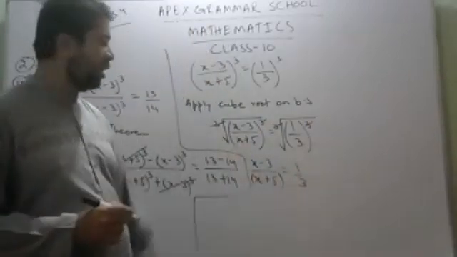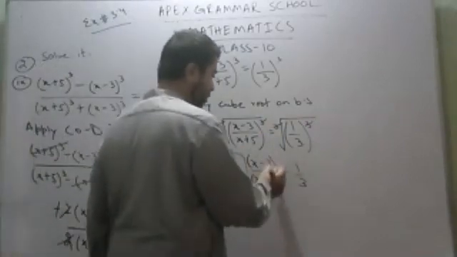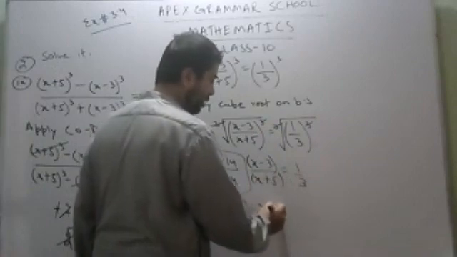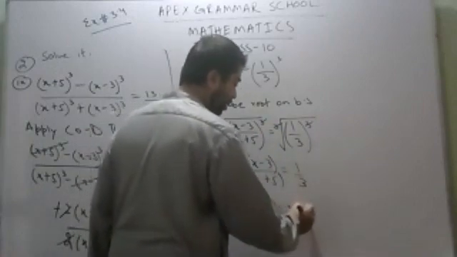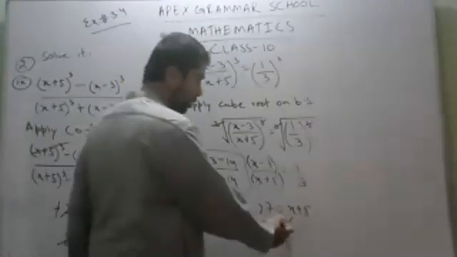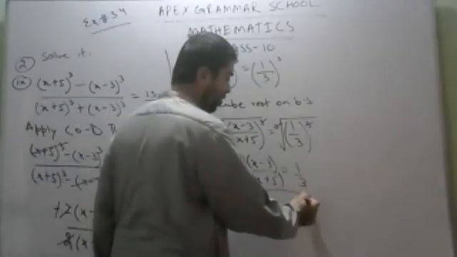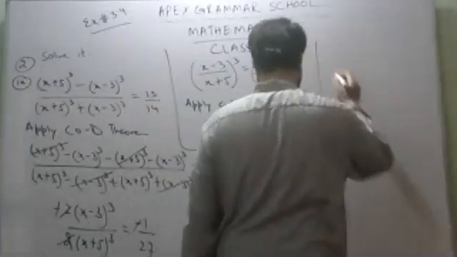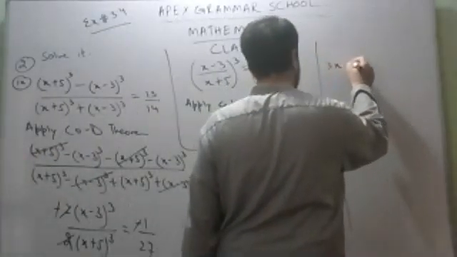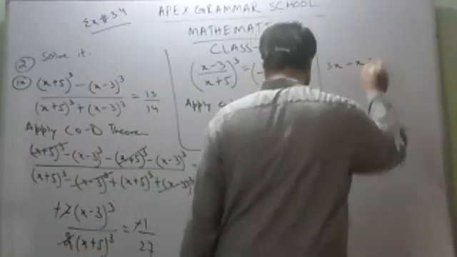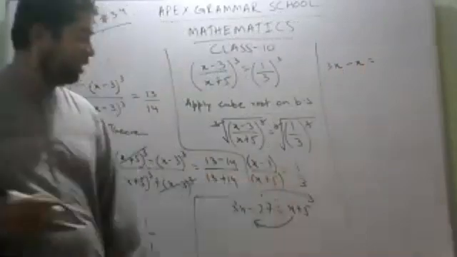Now, after cross multiplying, 3x minus 3 3s is 9 is equal to x plus 5. Wait, the numbers here need care: x will be negative here, minus 9 will be positive there. So we are left with 3x minus x is equal to 9 plus 5.